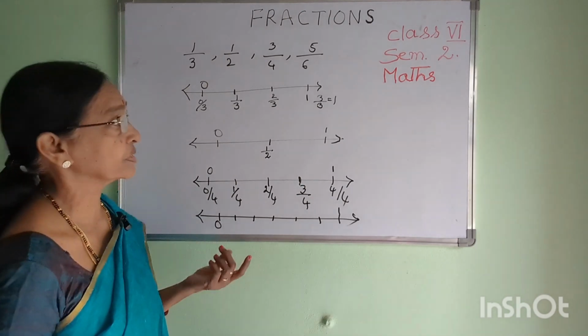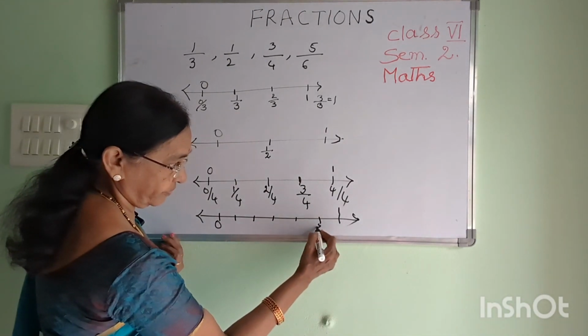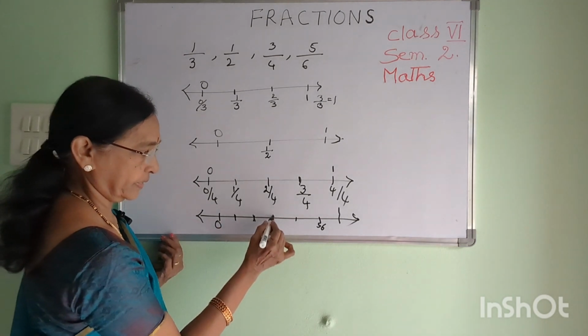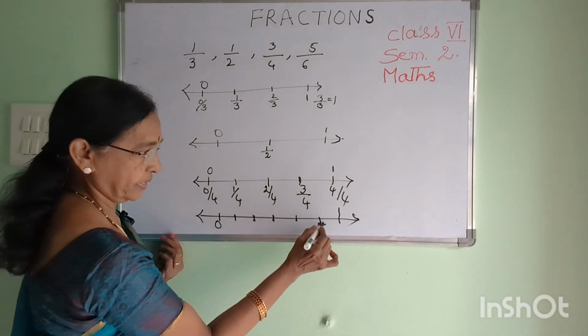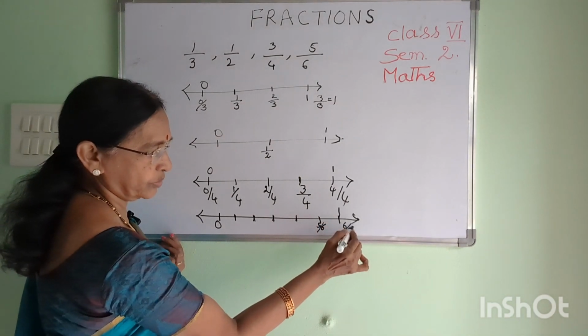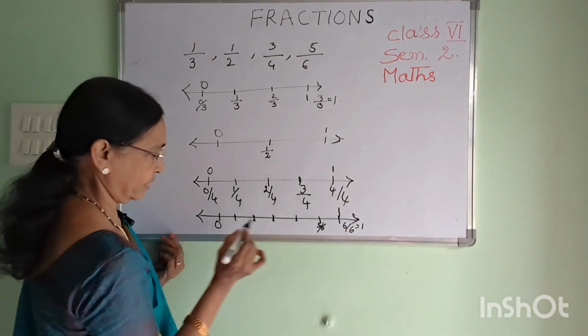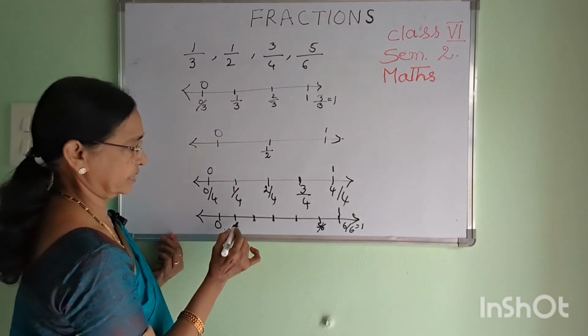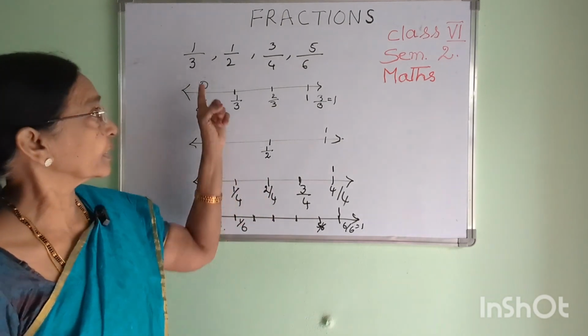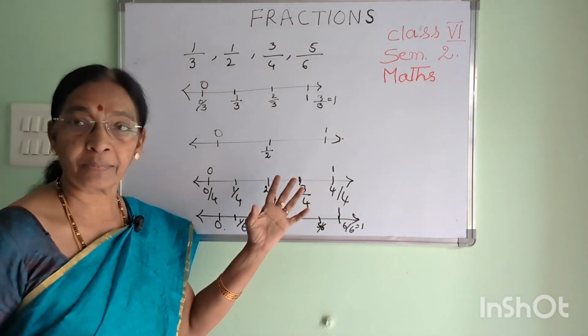So this is 5/6, because this is 1/6, 2/6, 3/6, 4/6. This is 5/6, and this is 6/6, which is equal to 1. This is 0/6. This is 1/6. Like that, we have denoted the given fractions on different number lines.